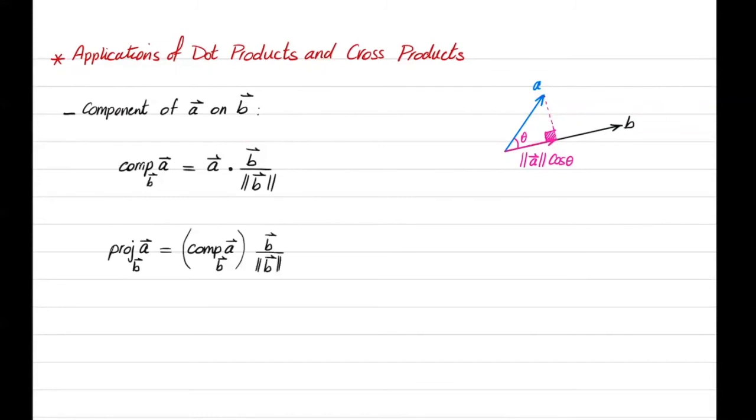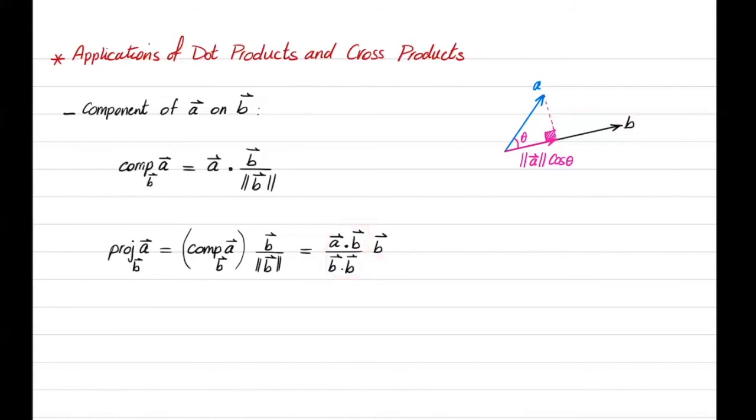And this direction should be a unit vector in the direction of vector B, which will be equal to the vector B divided by its magnitude.